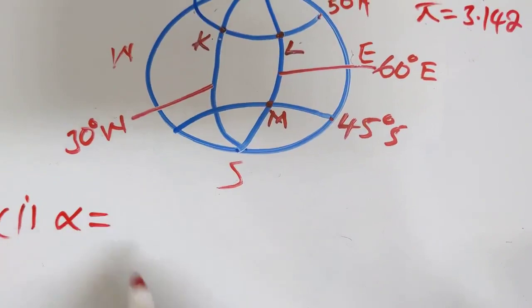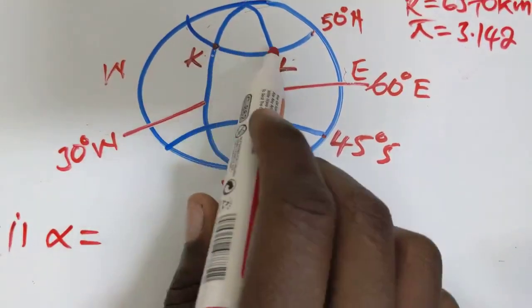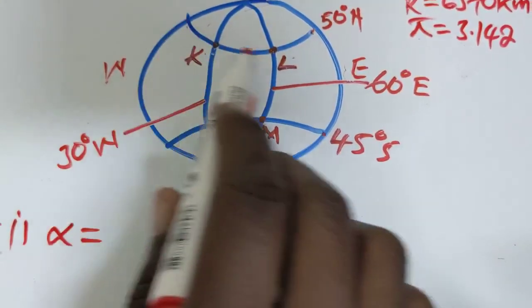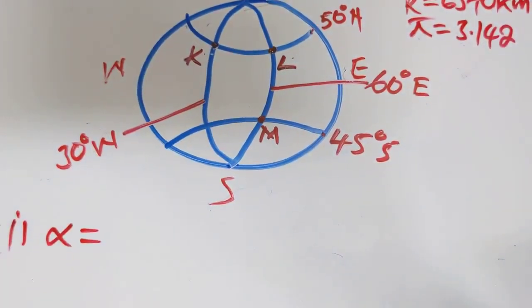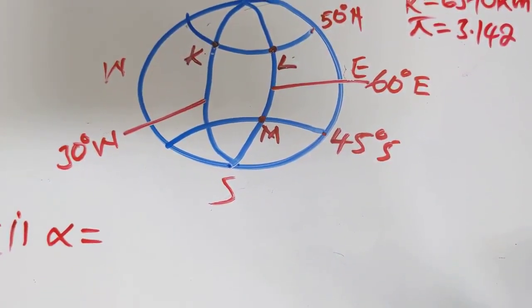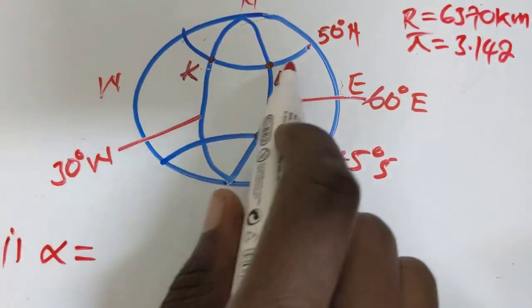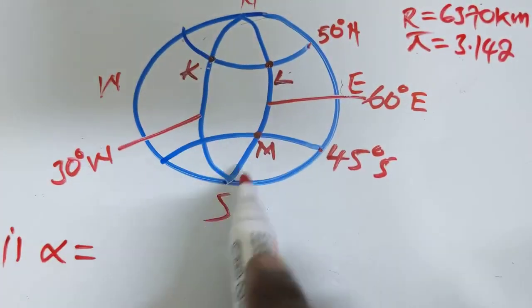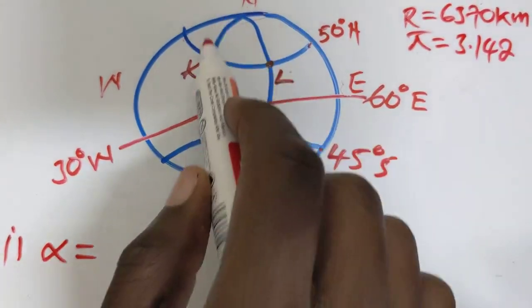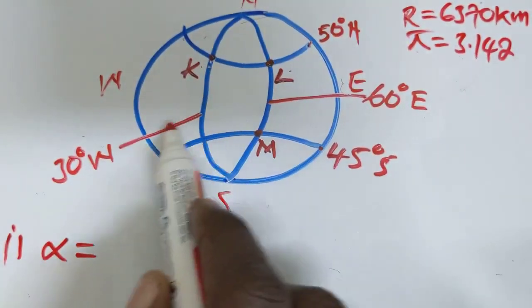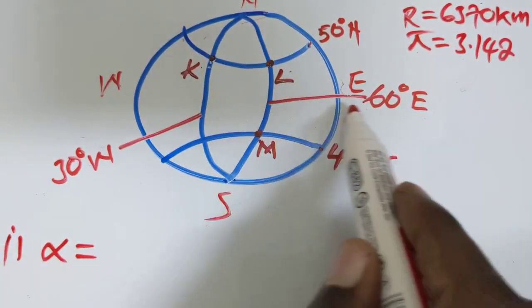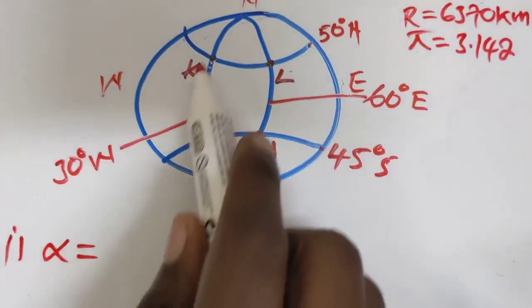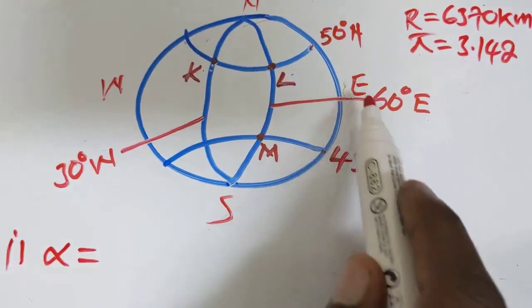So the difference between K and L is the difference in longitude. This K is in longitude 30 degrees west. This L is in longitude 60 degrees east.